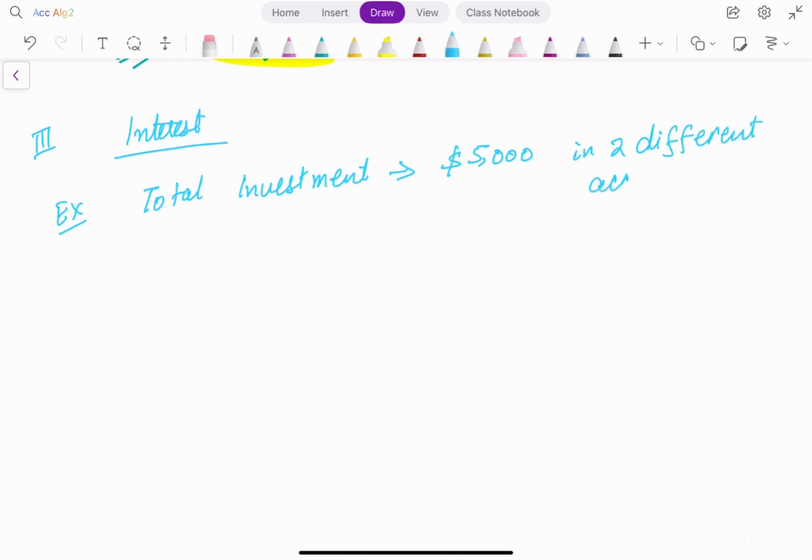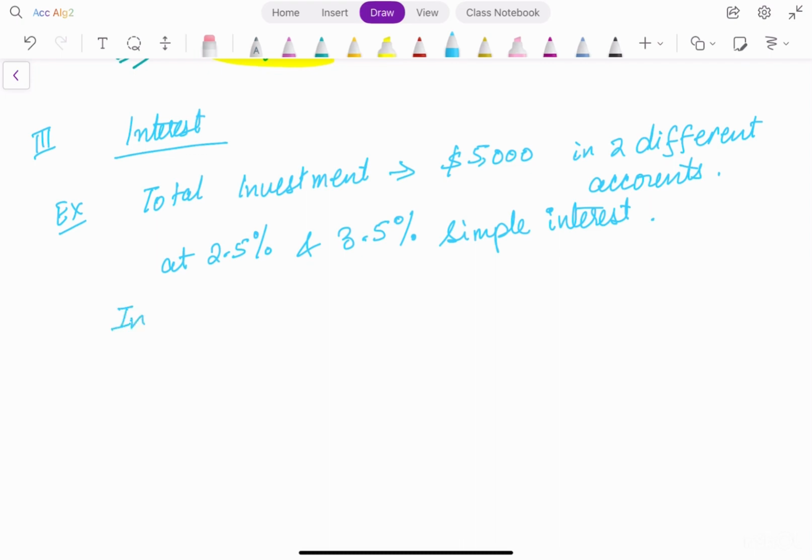These two accounts offer rates of interest of 2.5% and 3.5%. Both of them offer different rates of interest. And the interest in this case, we are talking about only the simple interest.